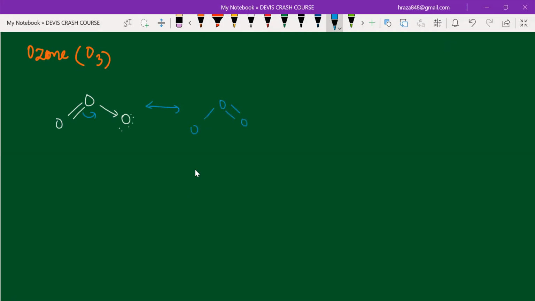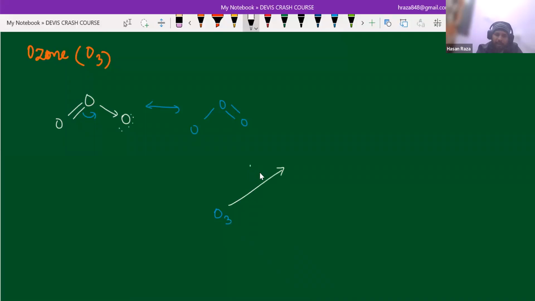Now this O3 has a lot of other reactions that we need to study. If it reacts with Ag, it will form Ag2O. If it reacts with Hg, it will form Hg2O. If it reacts with I2, it will form HIO3.